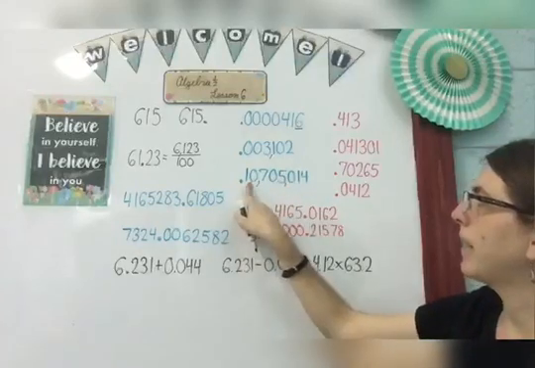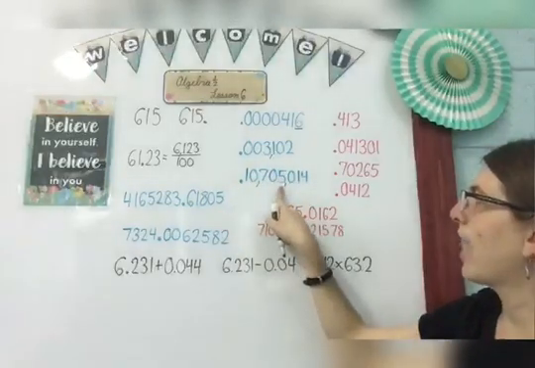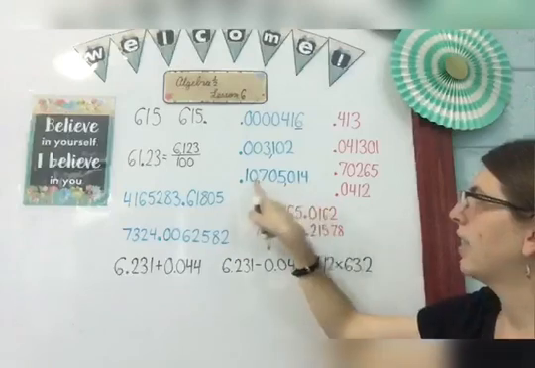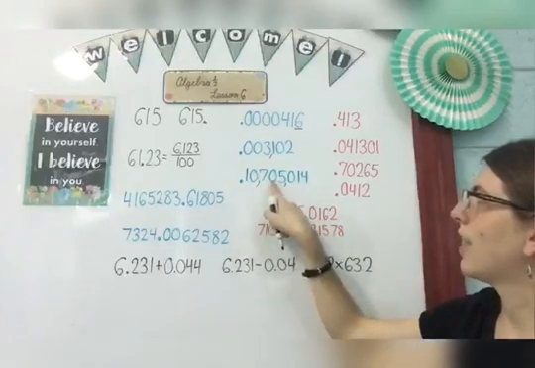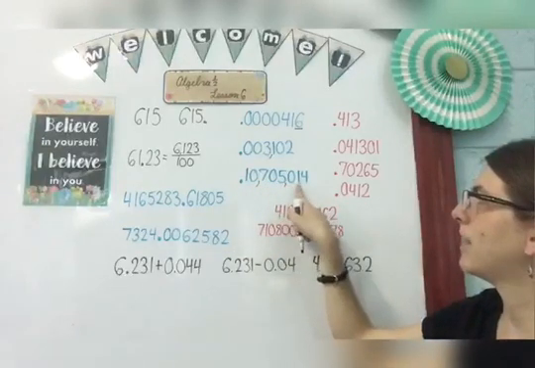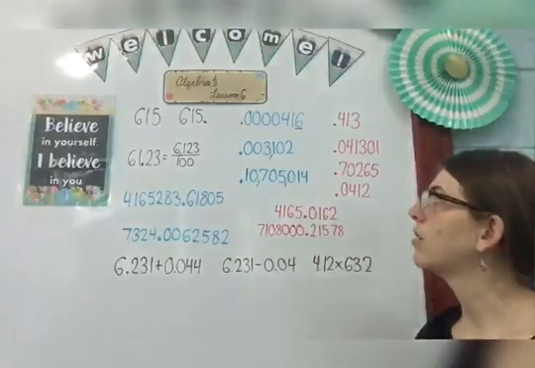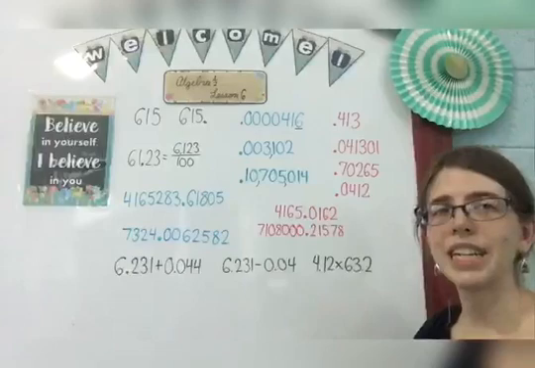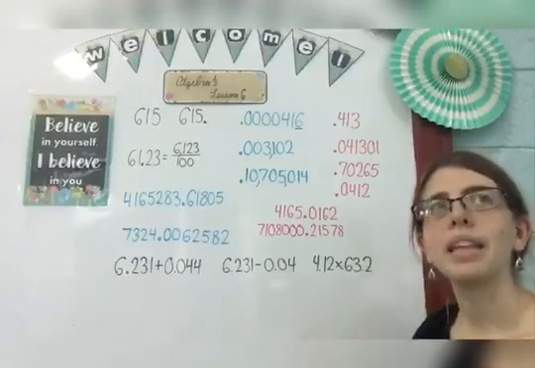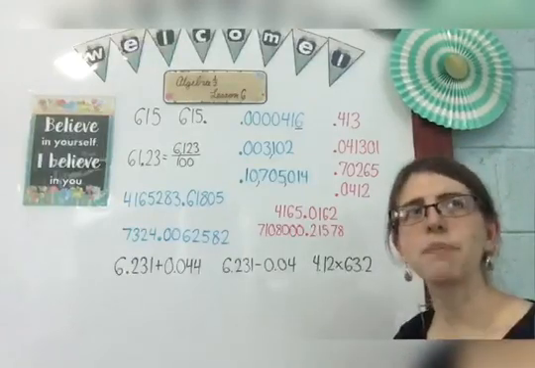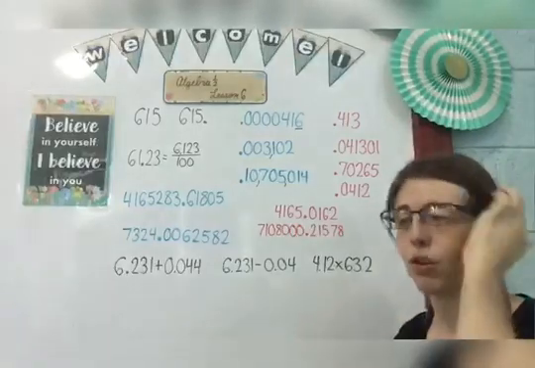So 10,705,014, tens, hundreds, thousands, 10,000s, 100,000s, millions, 10 millions, 100 millions. So 10,705,014 hundred millionths. And that would be the name of your number.